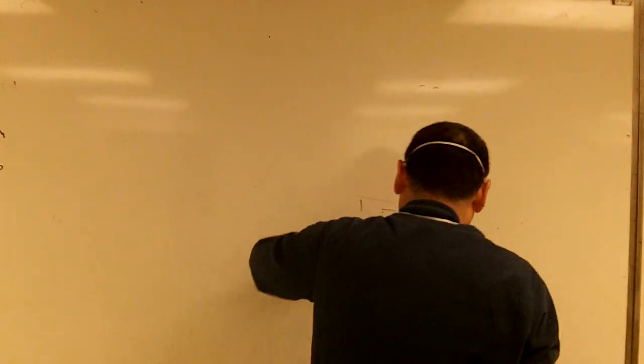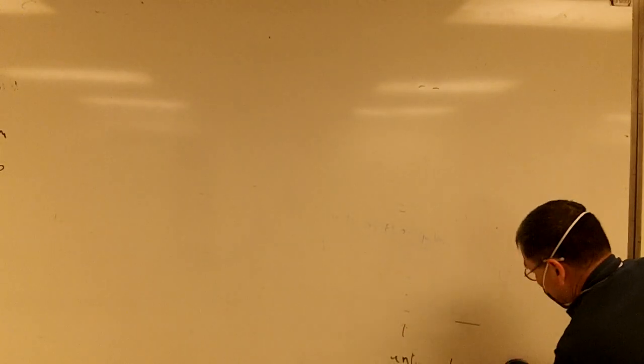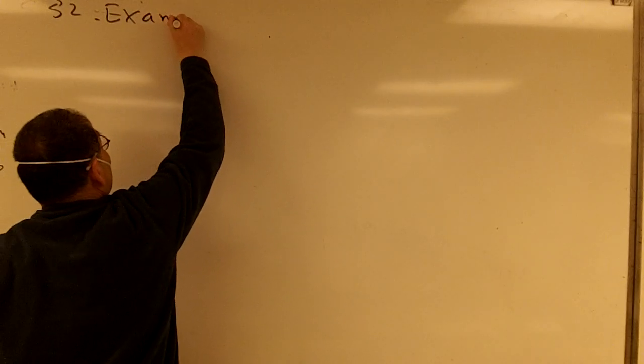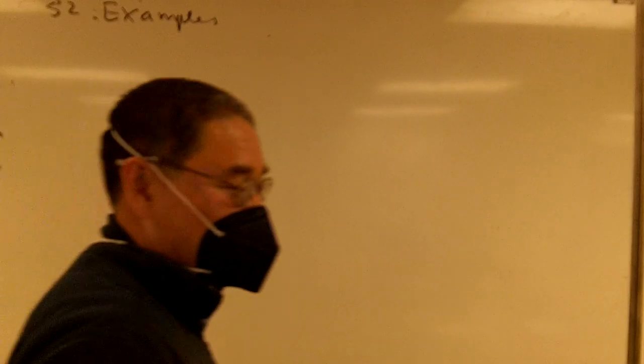The first section essentially is just showing you the theory, but how to use it. So this is Section 2, examples. There are very few books actually that have one section completely dedicated to examples.